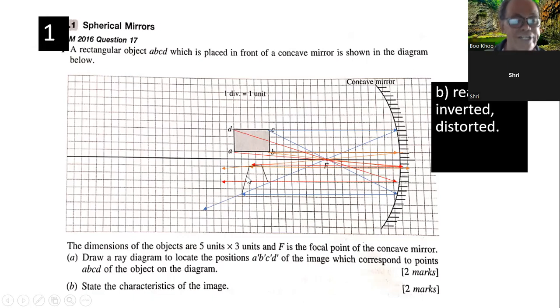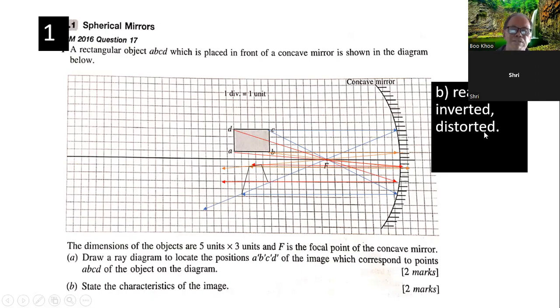You must know how to draw ray diagram. That's important. Whether they give you full mark is up to them, but 2 marks only lah. D is also still parallel after going through the focal point. It's a bit harder to see unless you use a different color. So that's your D.